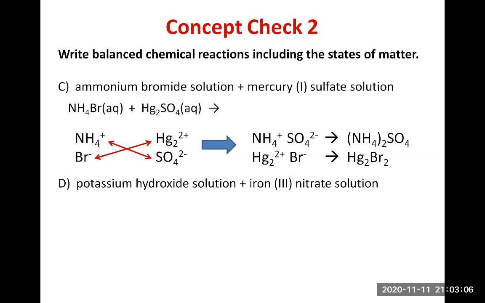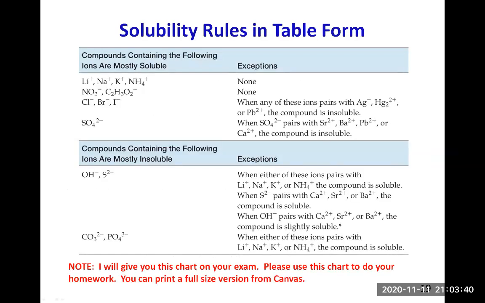So now let's determine if these 2 products are soluble or not. So let's look at the solubility rules. So we have (NH4)2SO4 and then Hg2Br2.